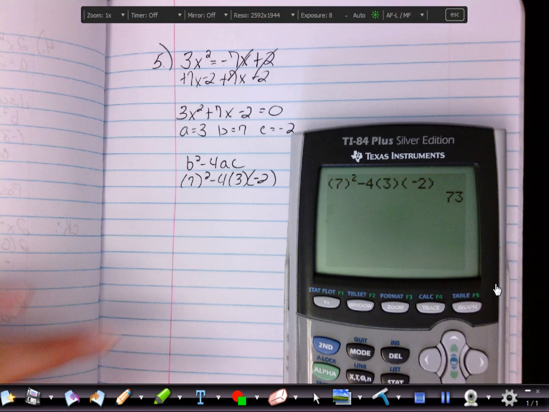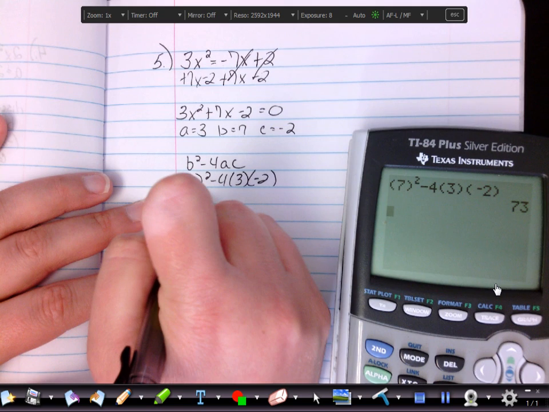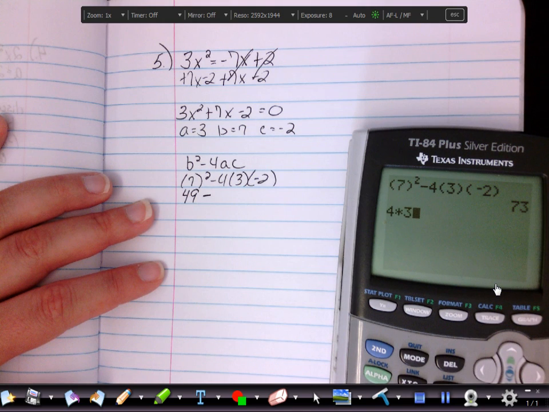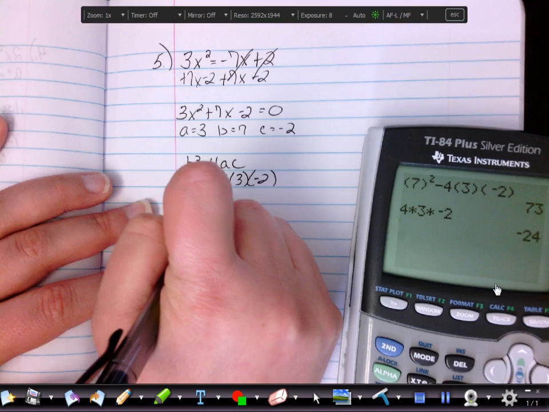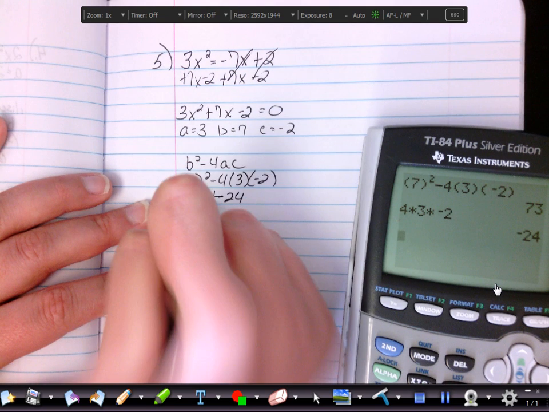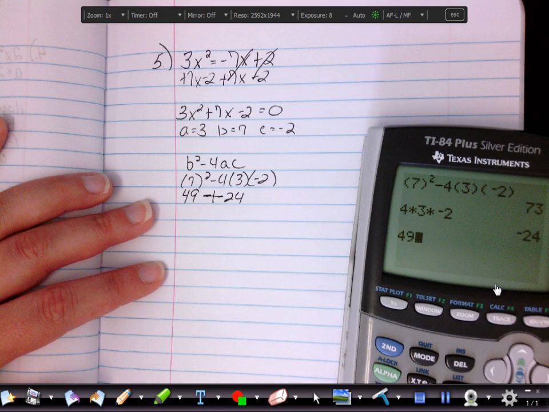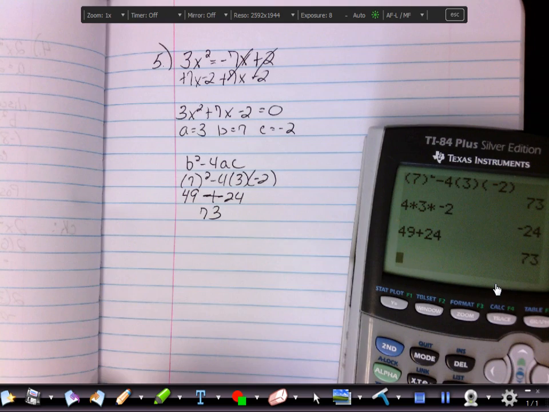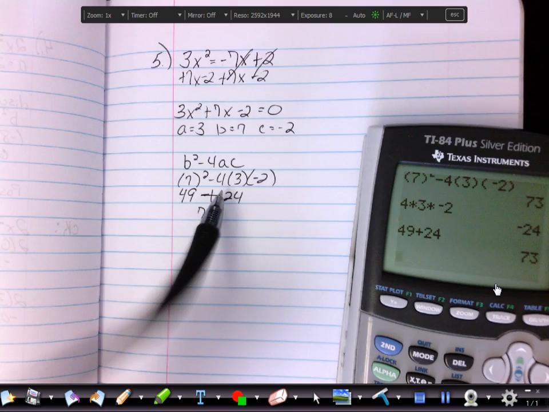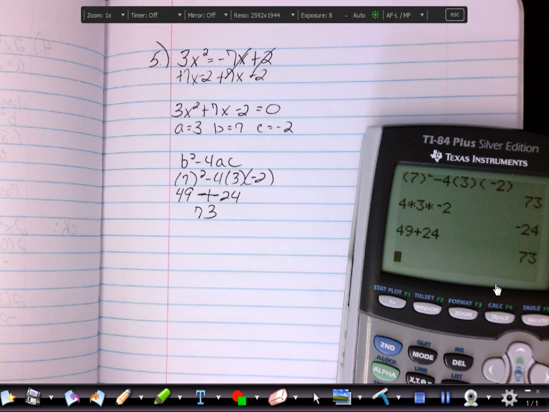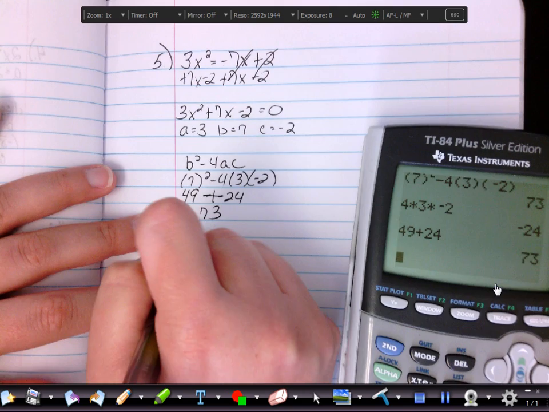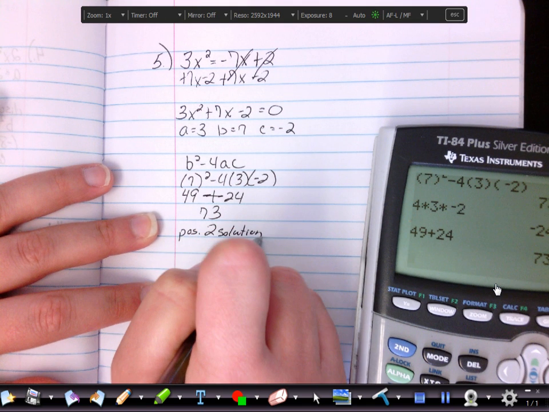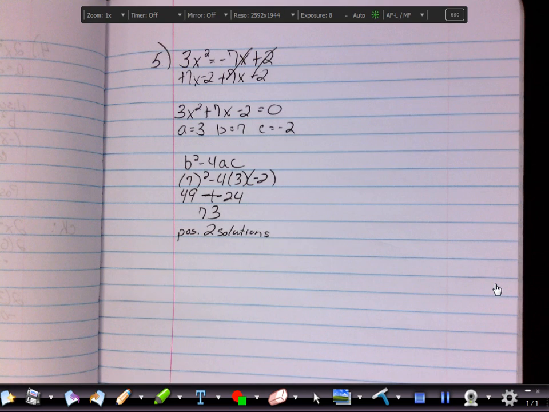That'll keep you from getting your signs messed up, because here 7 squared is 49 minus, and 4 times 3 times negative 2 is negative 24, and these two negatives turn into a positive, and 49 plus 24 gives me the 73. But there's less chance that you're going to make a sign error if you just plug all of this into your calculator. So we found the discriminant. It's a positive 73. So since it's positive, that tells us 2 real solutions.